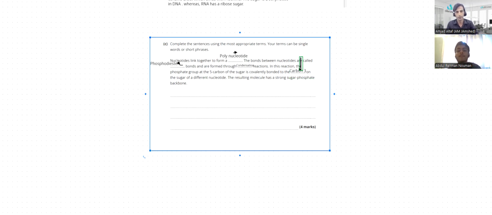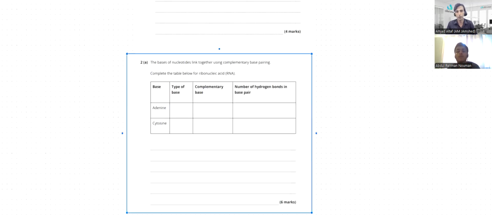Look at this: the bases of nucleotides link together using complementary base pairing. Complete the table below for the ribonucleic acid, or RNA. For adenine, give the type of base, the complementary base, and the number of hydrogen bonds in the base pair. That's quite simple, but you need to fill in 1, 2, 3, 4, 5, 6. This is for 6 marks.